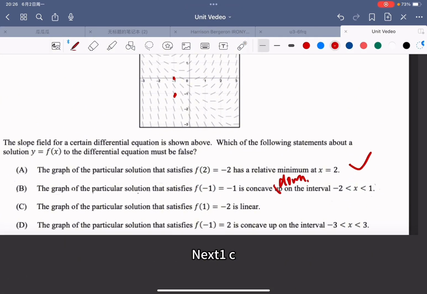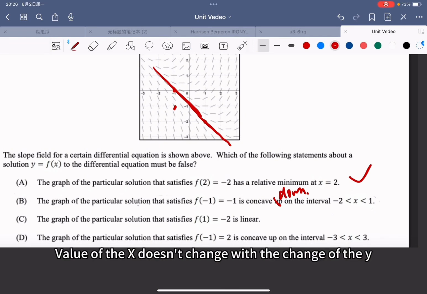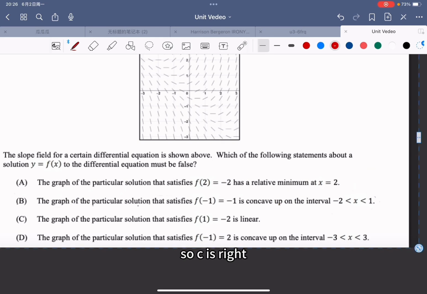Next one, C. The particular solution that satisfies f(1) equals -2 is linear. Okay, let's find this point. The solution is linear because the value of x doesn't change with the change of y. So C is right.